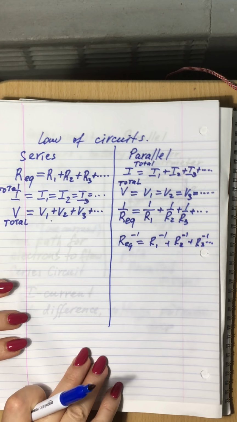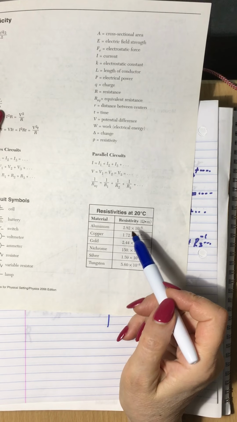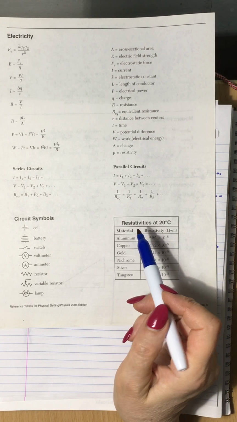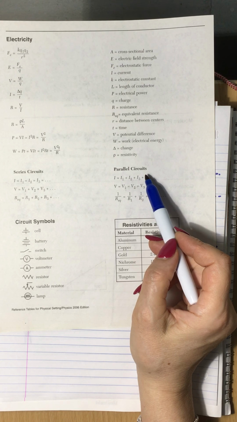Now, if you look at the reference table, I'll show you the reference table now. Right here, reference table. You have series circuits and you have parallel circuits. And you don't need to memorize.